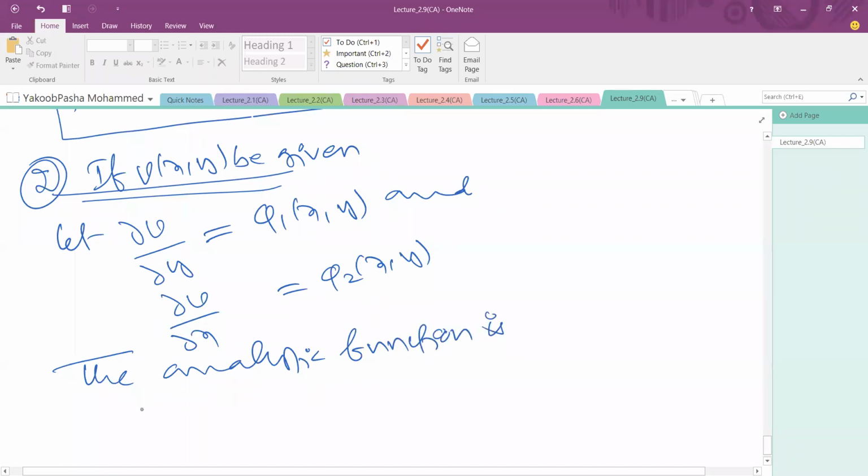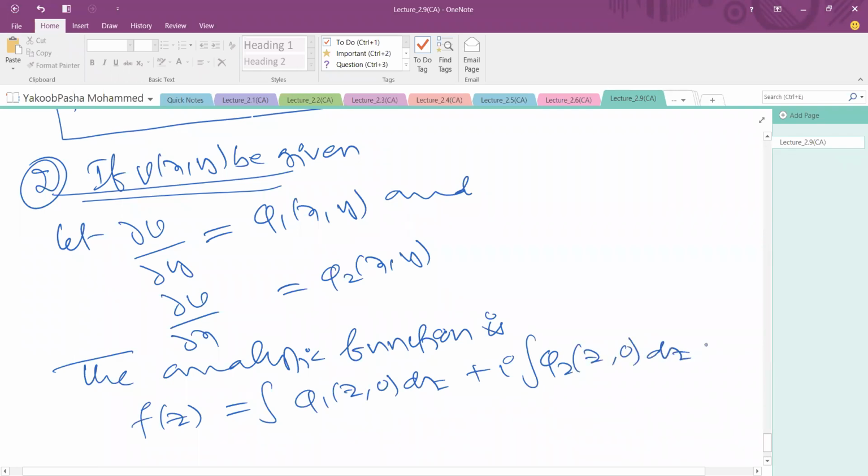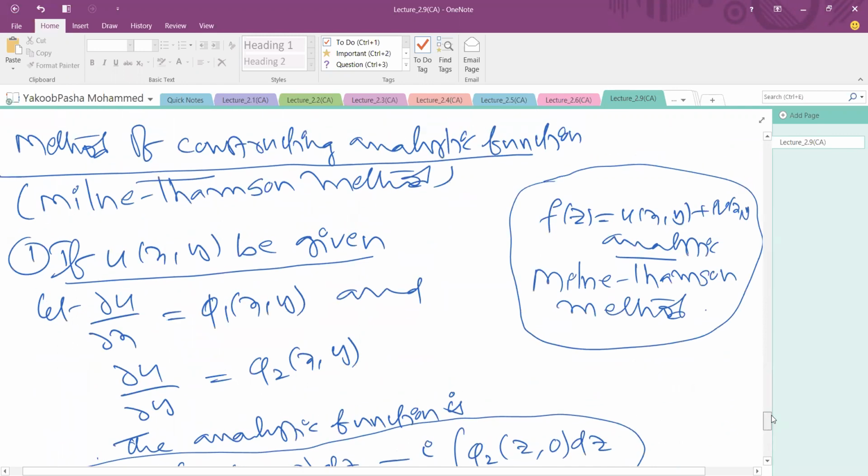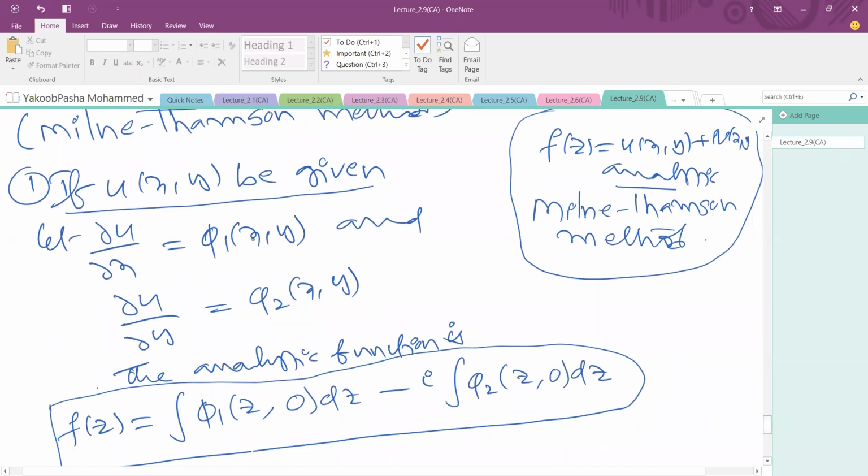is f of z is equal to integral phi1 of z comma 0 dz plus i into integral phi2 of z comma 0 into dz plus c రాసుకుంటాం. ఈసారిలో కొన్నిసార్లు రాసుకుంటాం, నో ప్రాబ్లం. దాంతో మనకు ఇబ్బంది లేదు. కాంటూర్ ఇంటిగ్రేషన్ లో మనం డీటెయిల్ గా నేర్చుకుంటాం సి ఏంటని. ఓకే, జస్ట్ if we are given a real part, we have to take phi1 of x, y as dou u by dou x and phi2 of x comma y as dou u by dou y.